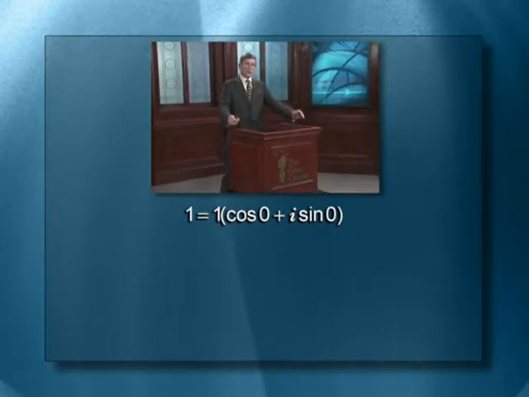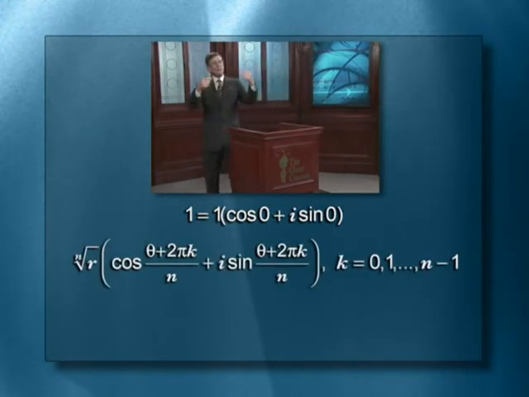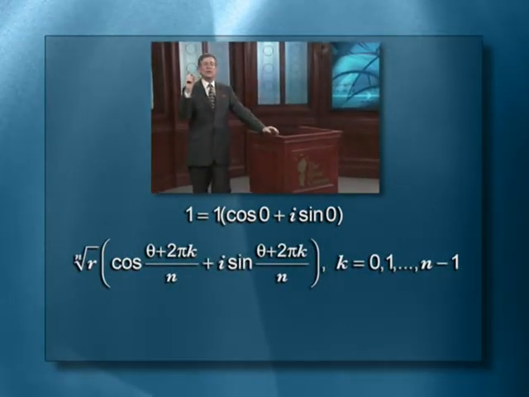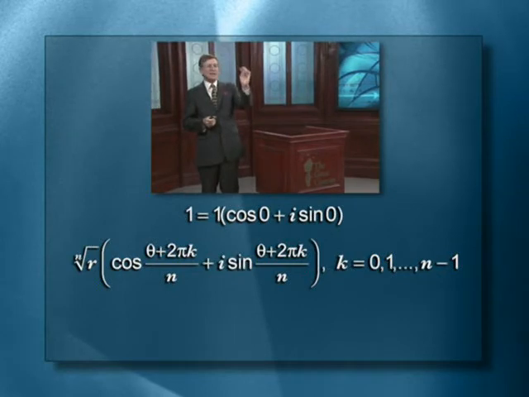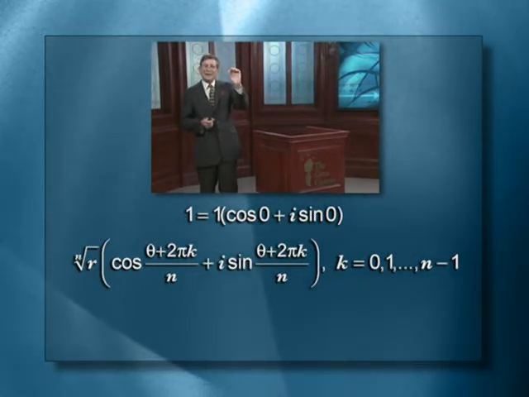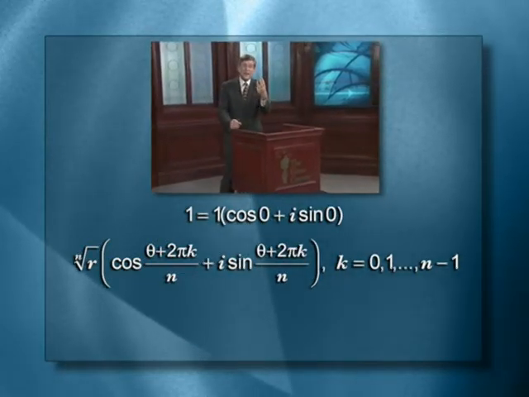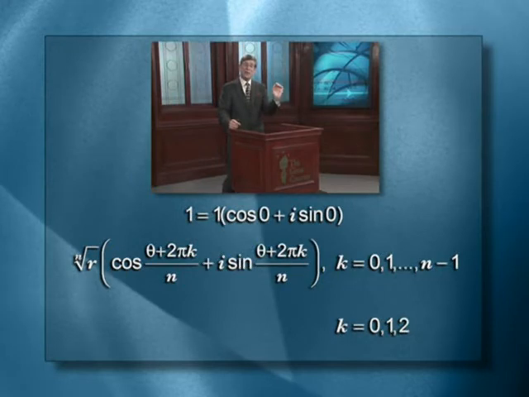Okay. What are the 3 cube roots? Well, the nth root formula would be the nth root of r times cosine theta plus 2 pi k over n plus i sine theta plus 2 pi k over n, k going from 0 to n minus 1. Here n is 3, so k goes 0, 1, 2.